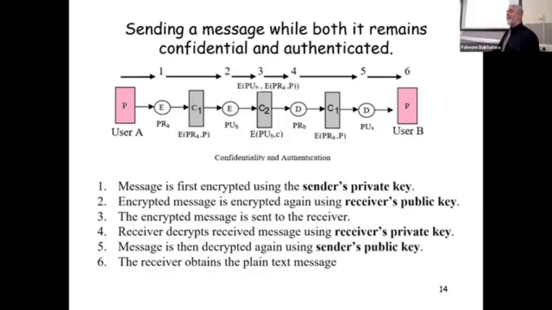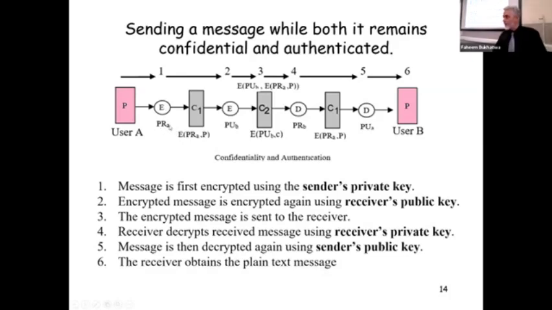So if you're asked, how do you send a message using a public key encryption system that's authentic and confidential? We take the plain text message, that's A, from user A, and encrypt it using whose key? A's private key.